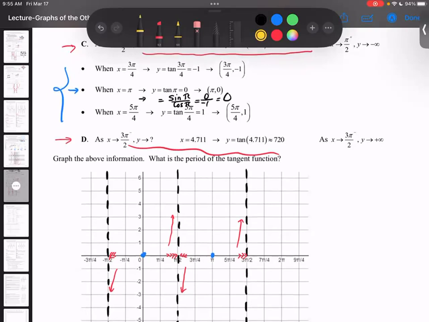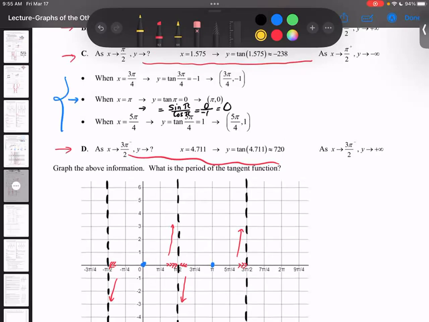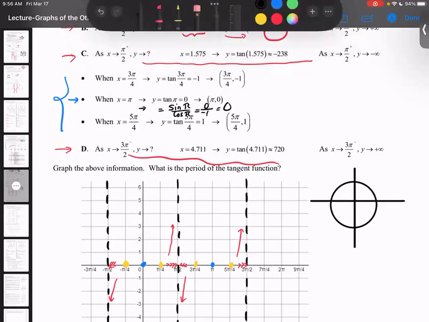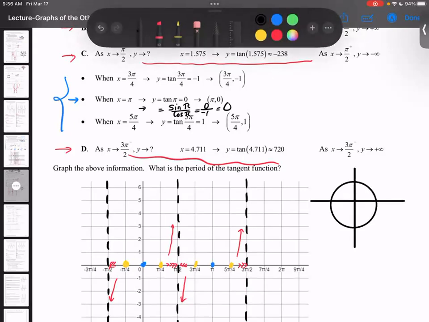What about these points in between? Let me denote them in yellow. Say negative pi over 4, pi over 4, 3 pi over 4, 5 pi over 4. If you look at the unit circle, by the way, remind me to give you the unit circle so you can fill it out, just to practice.